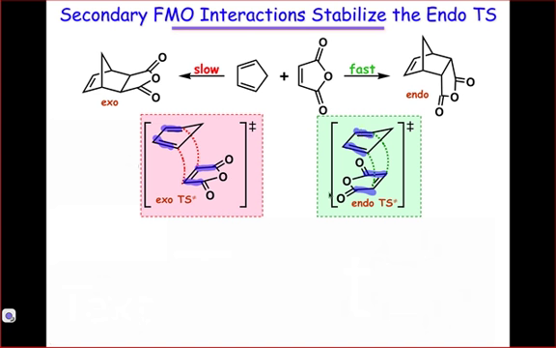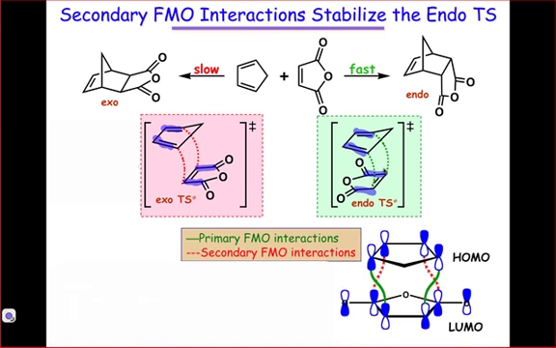A number of observations have supported the idea that the endo transition state is lower in energy than the exo transition state, because the endo product is often observed to be formed faster than the exo product. And you might think about how the transition state energy relates to the rate of reaction for the endo and exo products. The explanation that's typically offered for this is that secondary FMO interactions stabilize the endo transition state, but not the exo transition state.